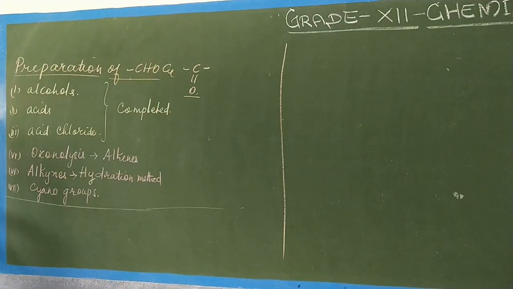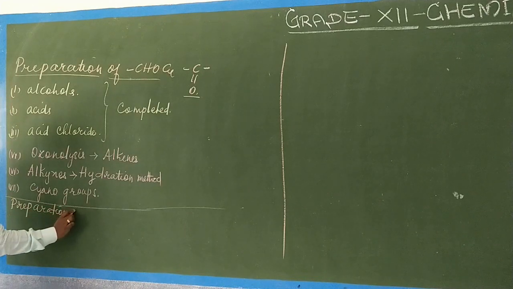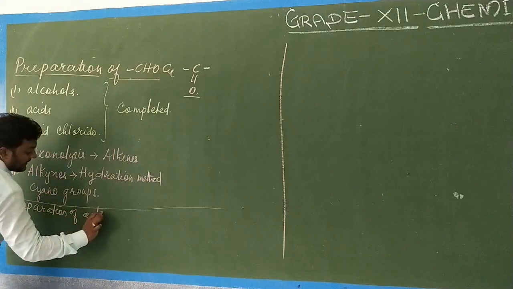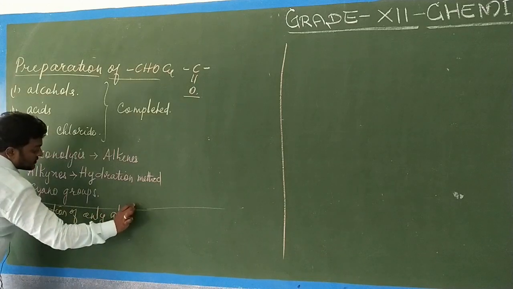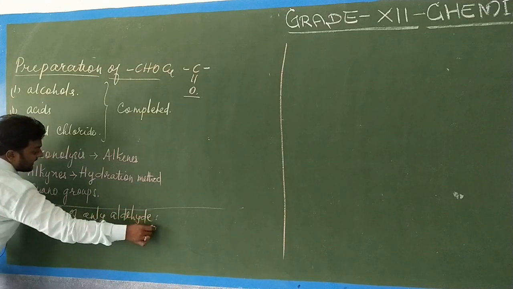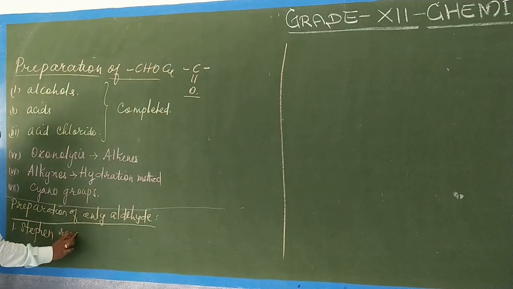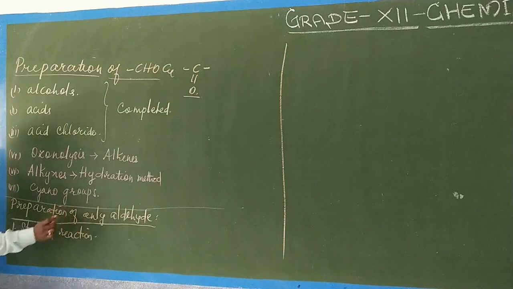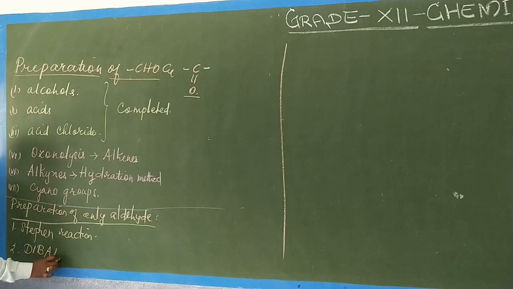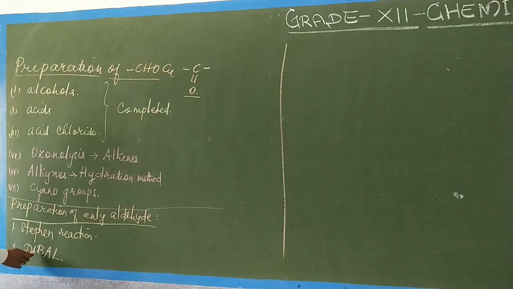Apart from this we have to study a few naming reactions that are meant for the preparation of only aldehydes. Under the preparation of only aldehydes, we have 2 reactions. The first reaction is called Stephen's reaction. The second one is by using diisobutyl aluminum hydride, DIBAL.